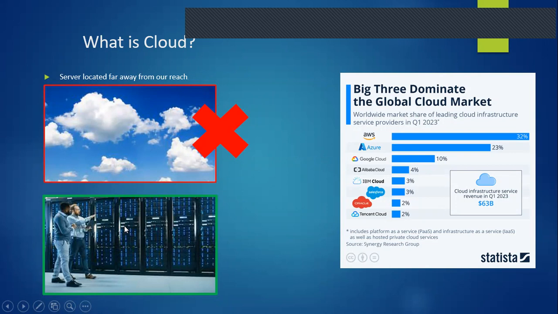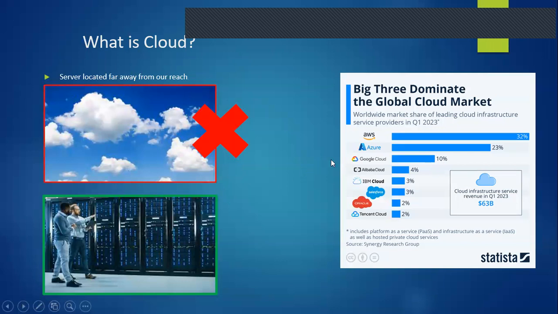I can upload some photos and videos from a phone, and now I want to access this information on a laptop. I can do that. What I need is just the Google Drive account ID and password. That's the beauty of cloud. You need not have all the systems available on a single platform. You can access it anywhere from any device with the proper user ID and password access you have.